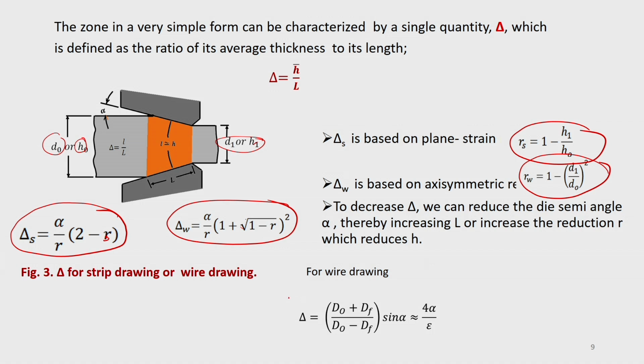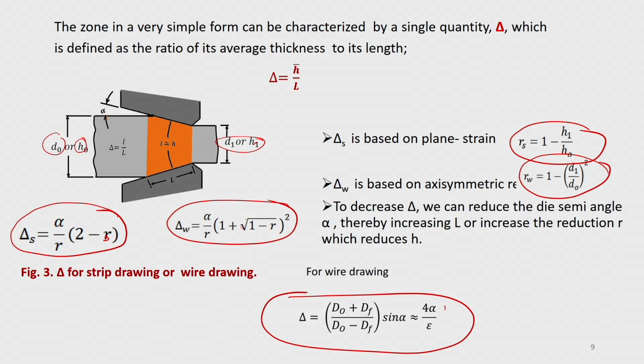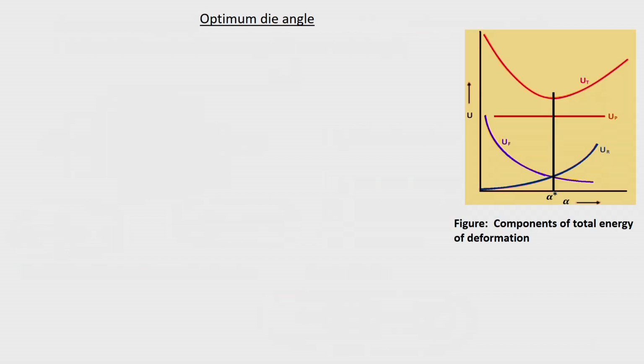So, for wire drawing operation, this is the general relationship which people use, and you will find that in different books, different ways it is being used. Okay. But from this you can also have a simplified form of delta is equal to 4 alpha by your strain. So, that is how you find out this deformation zone geometry.